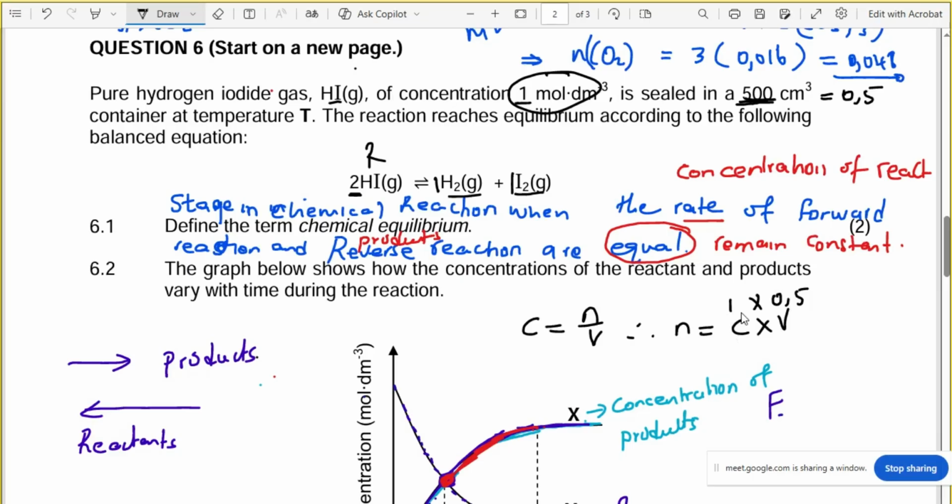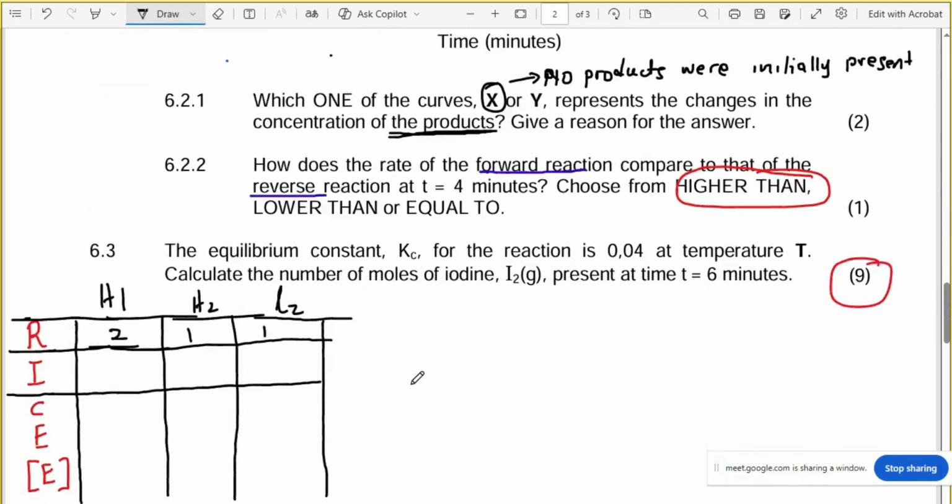So this will be 0.5 times 1. So initially, HI will start with 0.5. If you punch this on the calculator, you get that. You understand? And remember, we said that the number of moles for products, they start with 0. So this will be 0.